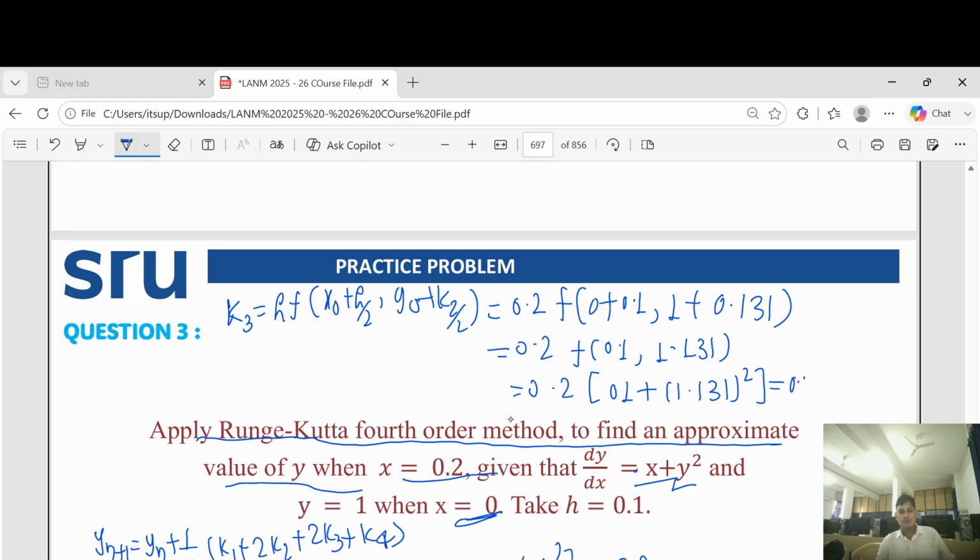So this is 0.2 times 0.1 plus the square of 1.131.